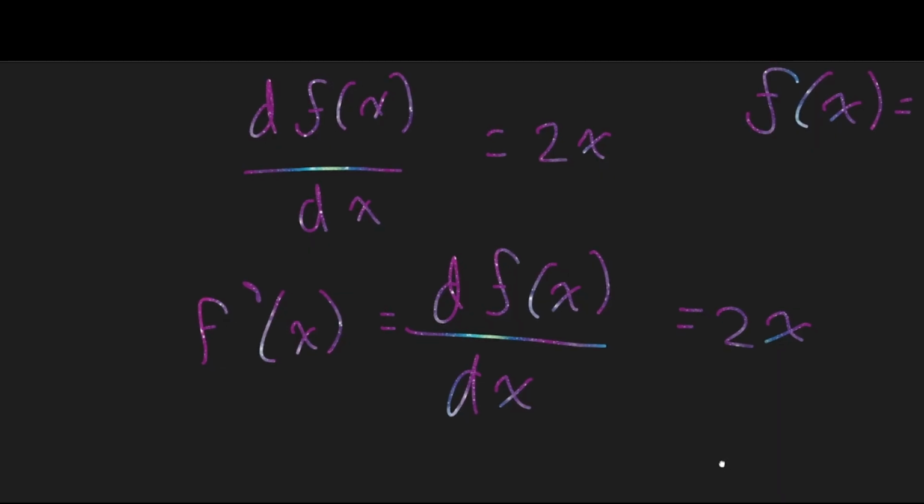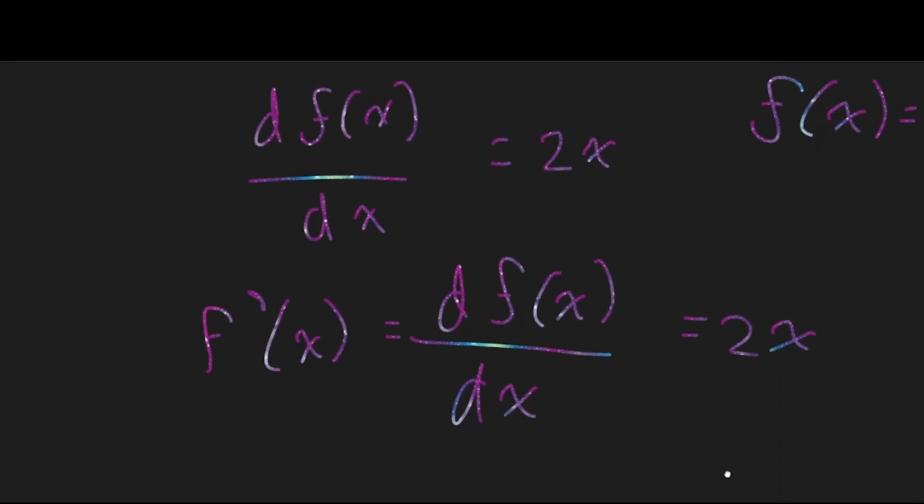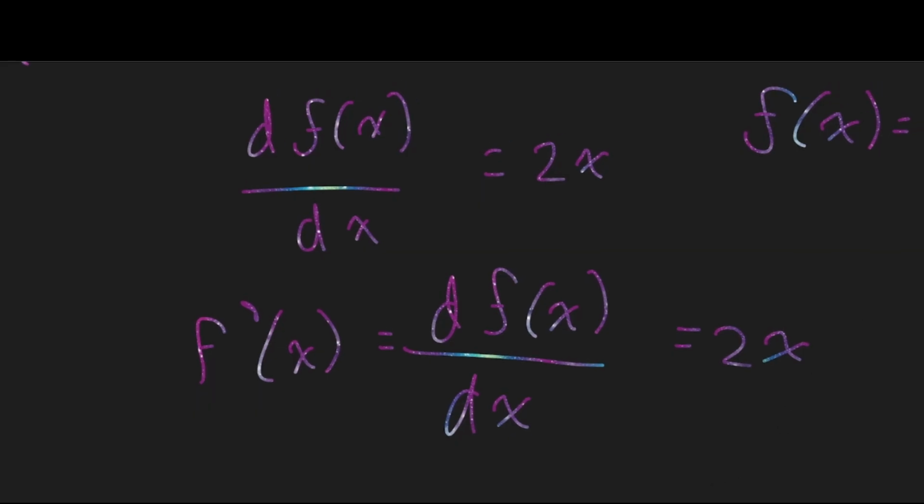And if you notice the pattern over here, you have x squared, right? So let's just make the whole thing in terms of variables. Let's treat f of x as x to the power of n. We don't know what n is yet, and we're going to be defining it soon, but let's just assume that f of x is equal to x to the power of n, okay? And then you're trying to find the derivative.